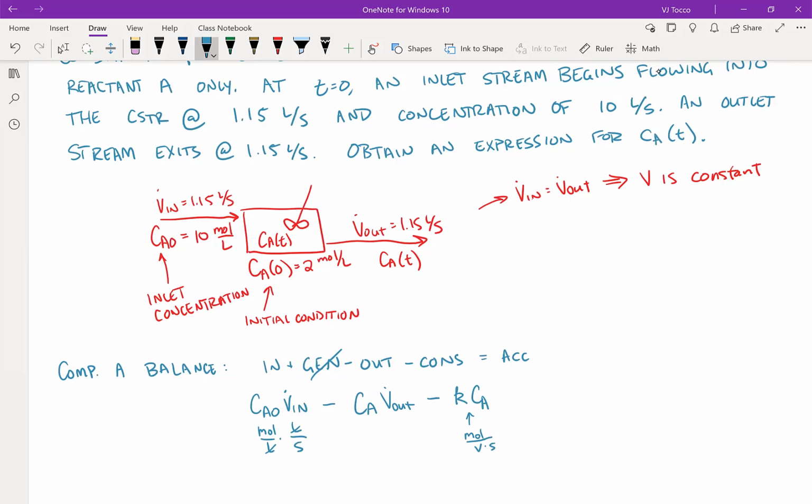And in order to get that into moles per time, I need to multiply by the reactor volume V. So the volumes here are going to cancel, or the liters are going to cancel in the units that I've written here. So once again, K is 1 per second. CA is moles per liter, just to be proper, and volume is going to be in liters.